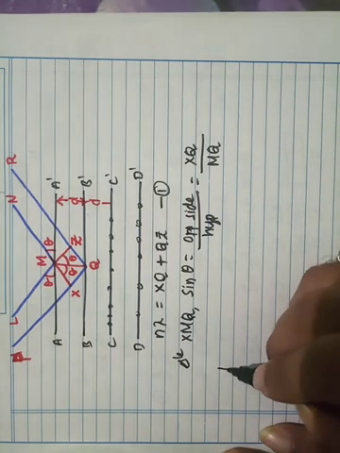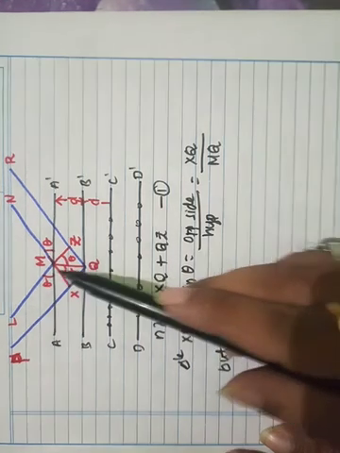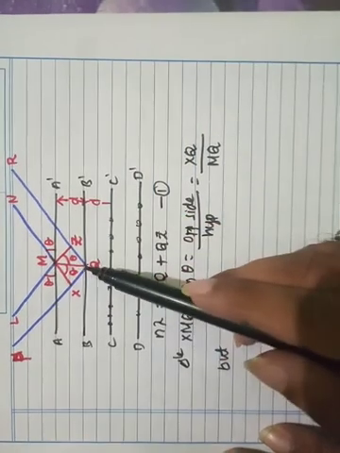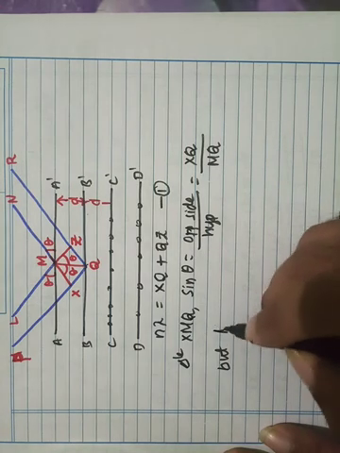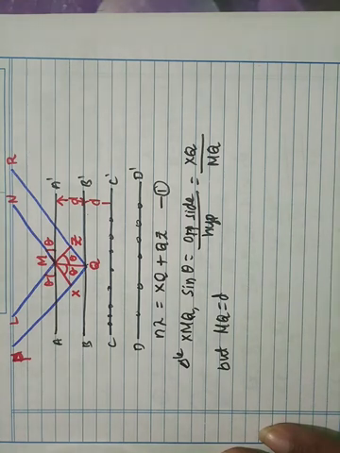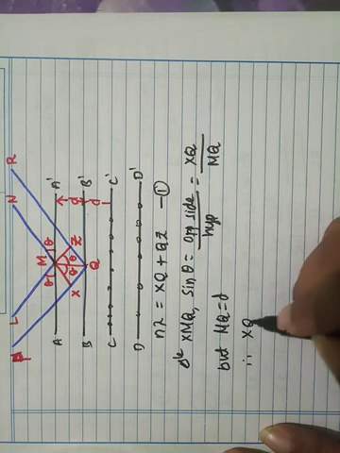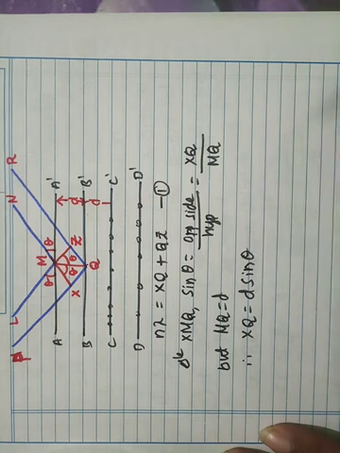But we know that mq is the interplanar distance, so mq is equal to d. Therefore xq is equal to d sin theta.